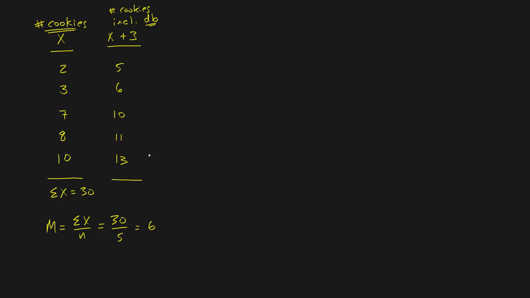Okay, so if I wanted to know what my mean was here, the new mean after this has happened, I could sum everything up. So let's do that. 5 plus 6 is 11, plus 10 brings me to 21. This brings me to 32, and this brings me to 45.